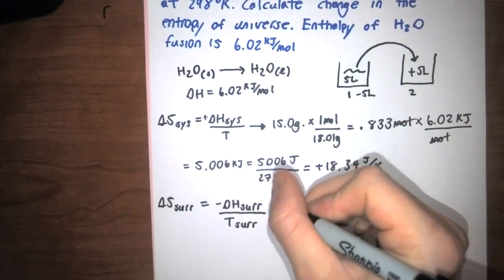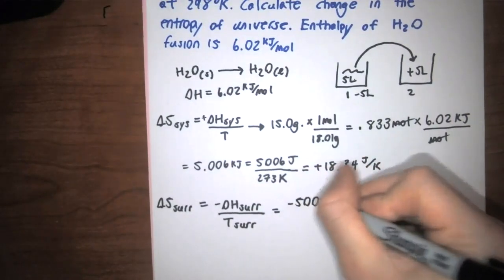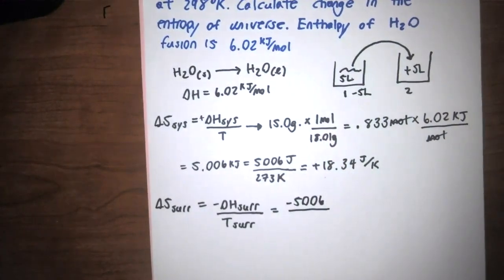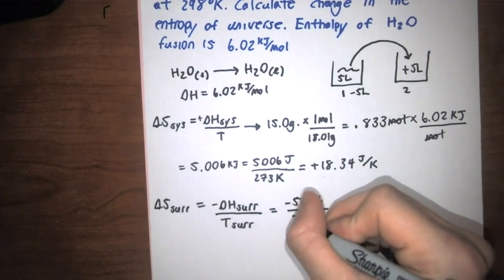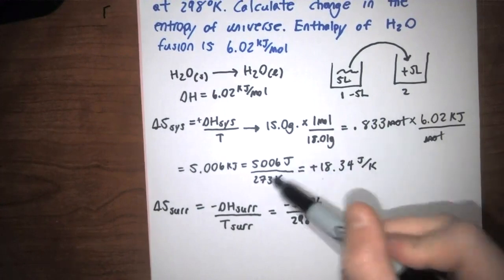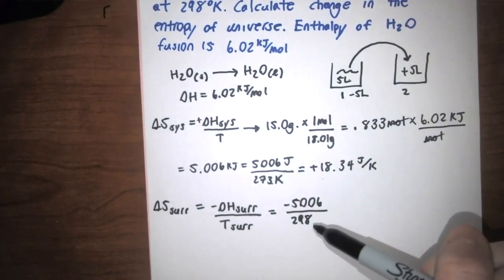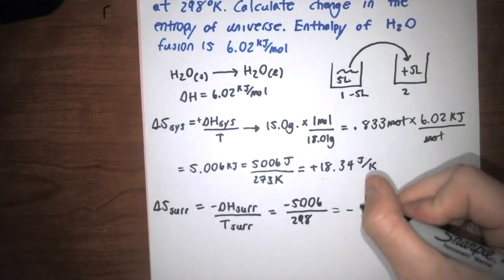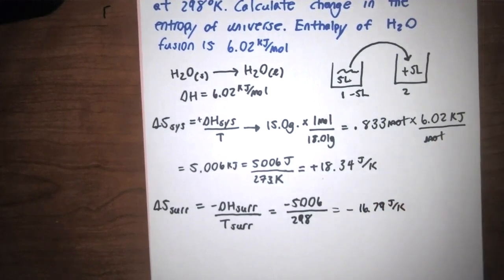Well, we already know our H value. It's a negative 5,006. We know that from here. But what is the temperature of our surroundings? 298 Kelvin. Right? The system, the ice, was at 273 Kelvin, but the surroundings, the room, is at 298 Kelvin. So we have negative 16.79 joules per Kelvin.